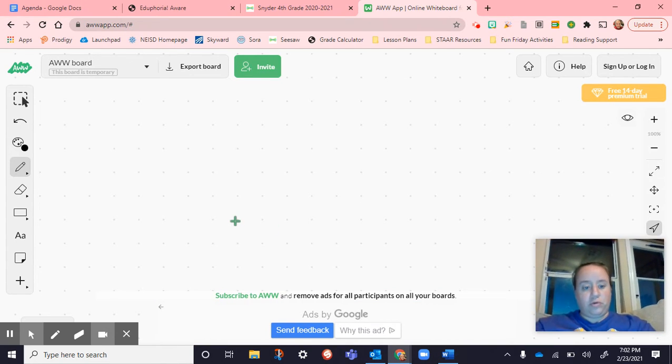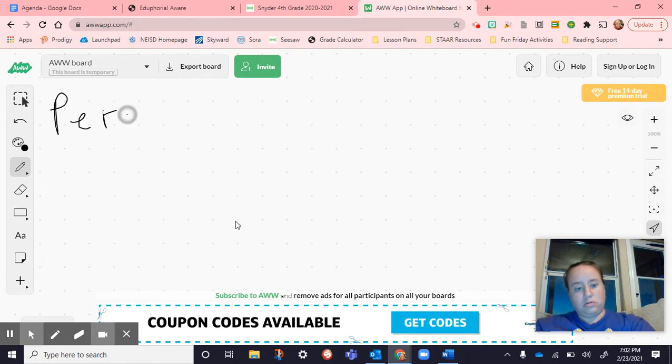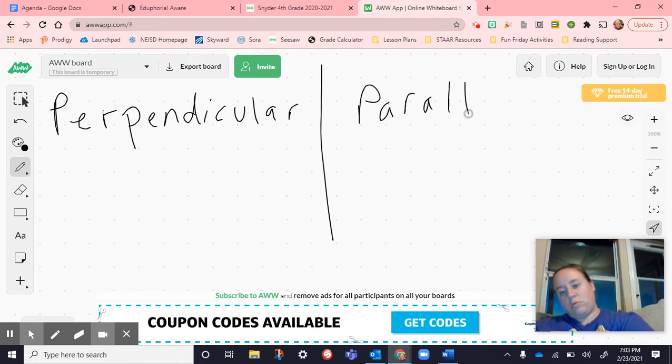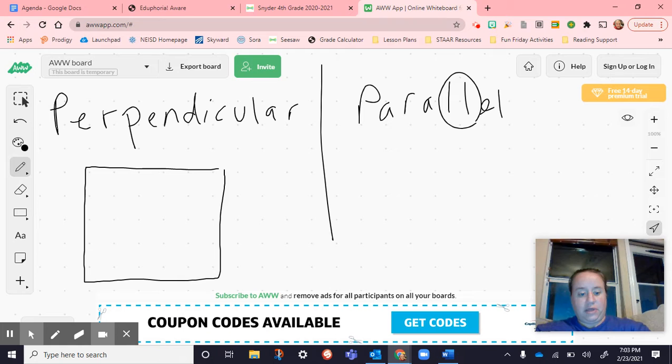Then again, we reviewed perpendicular and parallel. Remember, parallel has those L's that show you what it is. For perpendicular, if you have a shape that has a right angle, then that means you've got perpendicular lines.